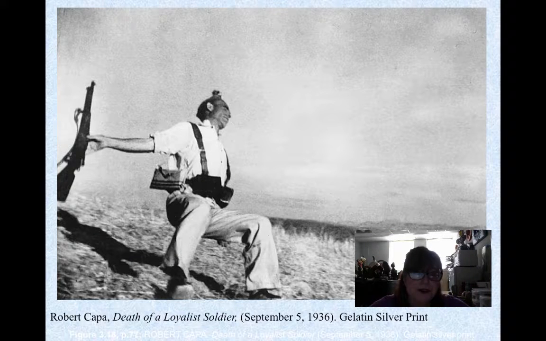So here is Robert Capa's Death of a Loyalist Soldier. This was taken during the Spanish Civil War, and it's showing a man being shot pretty much the moment that he's dying. And if you draw a line right down the center of this photograph, it'll be completely different on both sides.